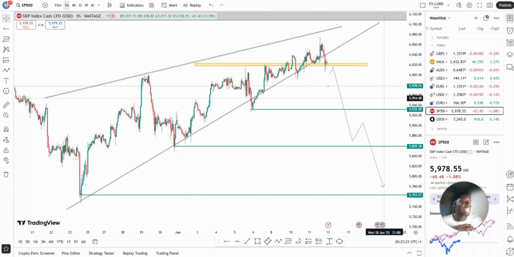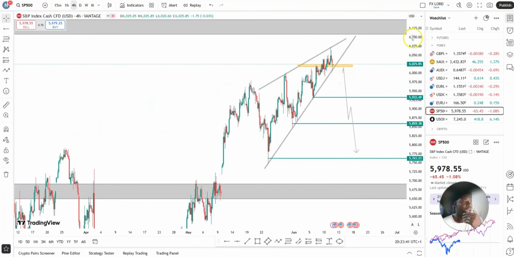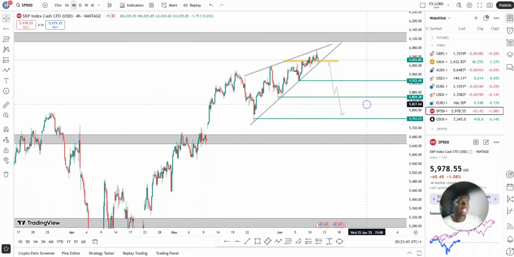So guys, S&P 500 has been on a bullish move. If I go to the 4-hour time frame, you can see that it does not really look like a pennant. It looks like a rising wedge. A rising wedge is a reversal chart pattern.